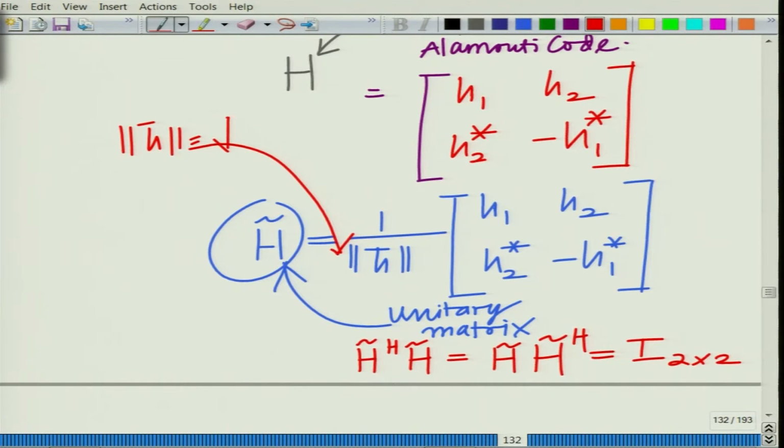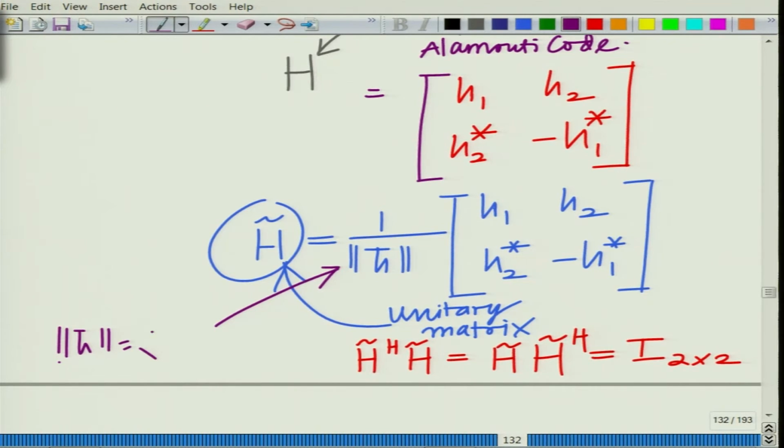And in fact this quantity, norm of H bar, is also obvious and should be fairly easy for you to understand. This is the norm of each column, that is norm of H bar equals square root of magnitude H1 square plus magnitude H2 square.